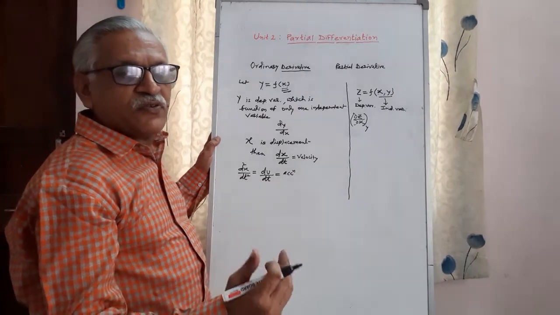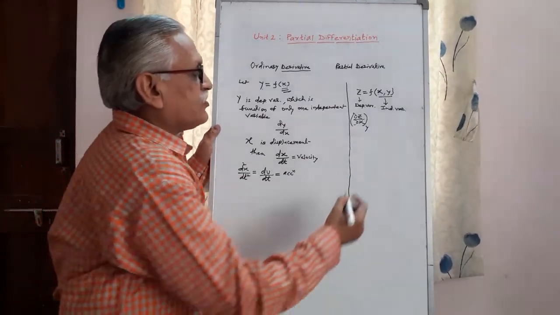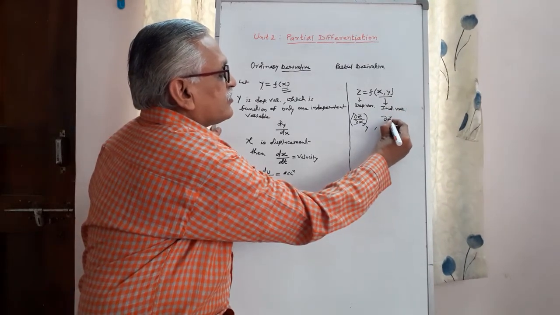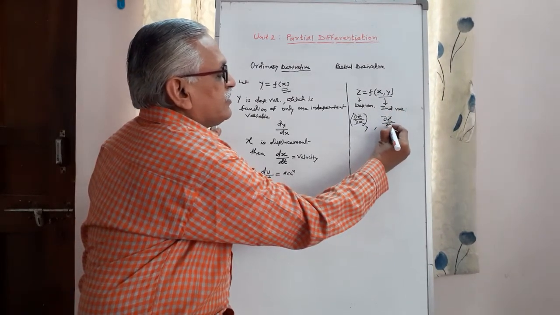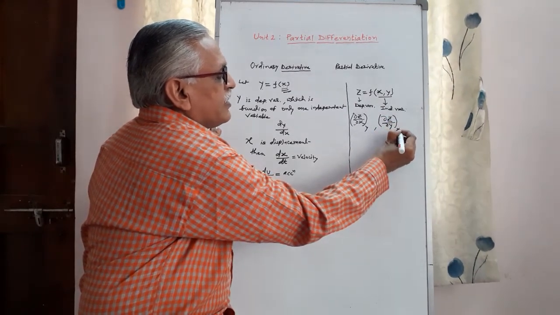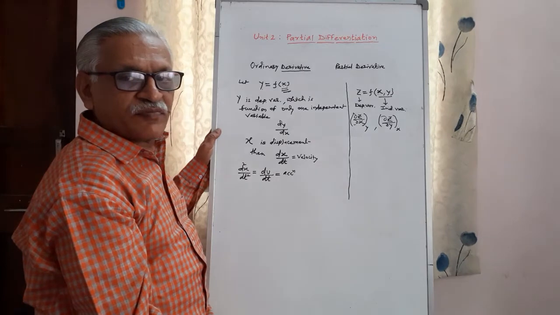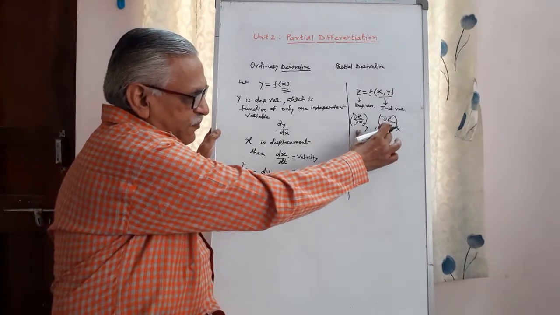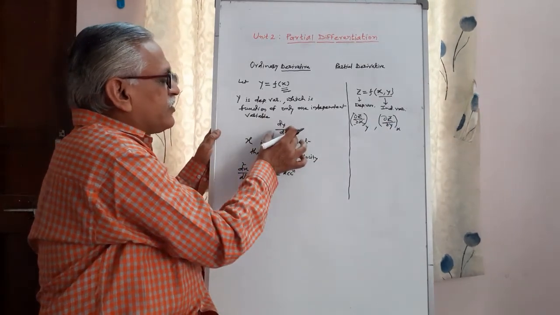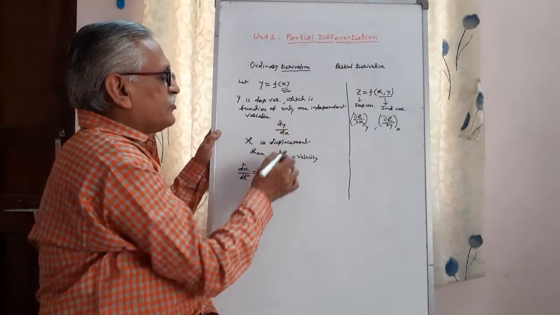This type of derivative is called as partial derivative. Or we can find change in z with respect to change in y at this time, keeping x constant. Therefore, this type of derivatives are partial derivatives, and this type of derivatives are called ordinary derivative.